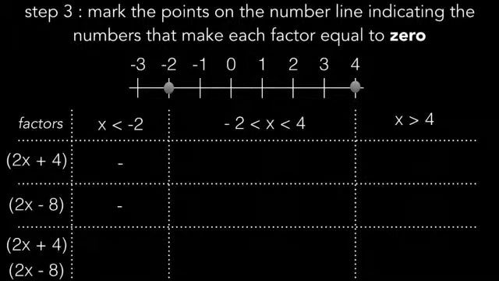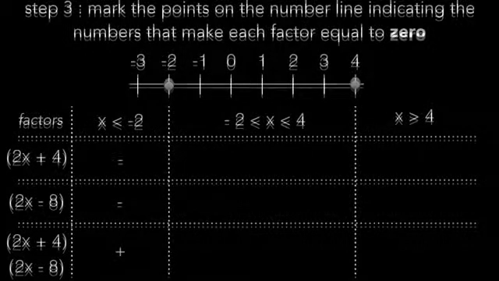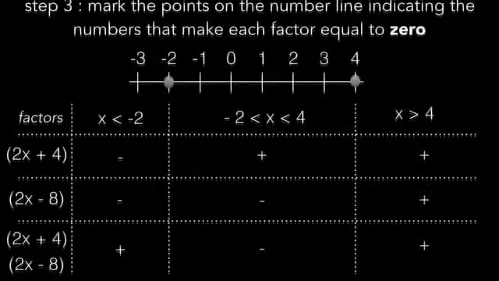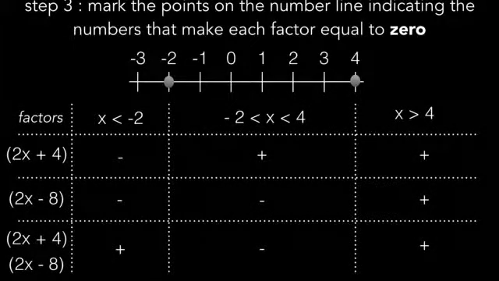Now, we must multiply the signs of the first 2 rows to get the sign for the last row. We would get positive, since negative times negative is positive. We apply this with the other regions in the table in order to obtain the signs.